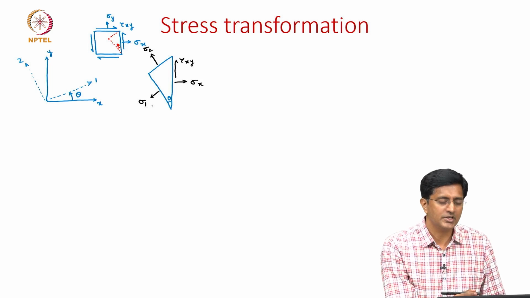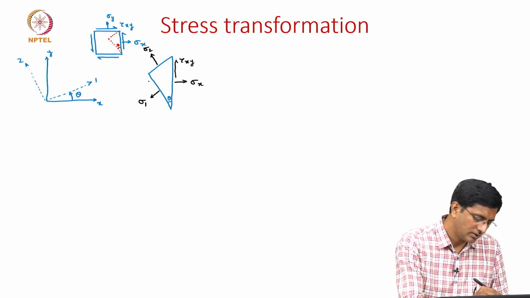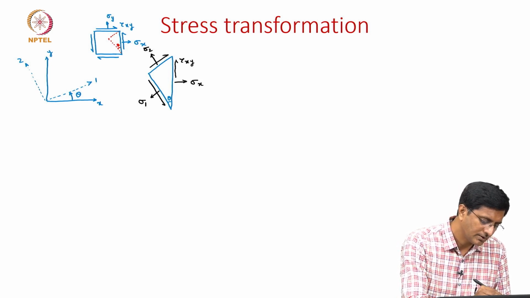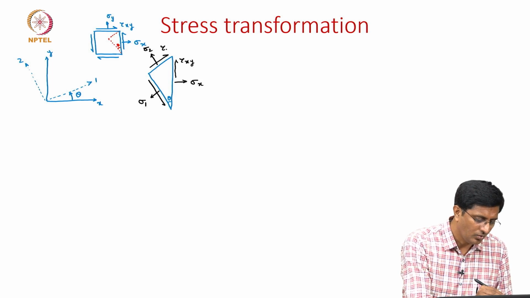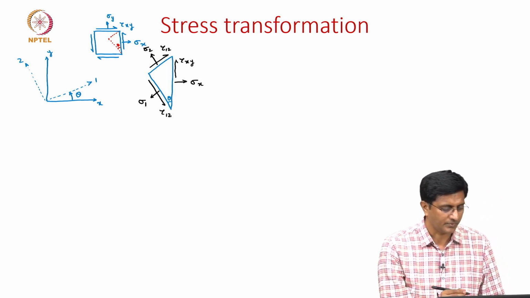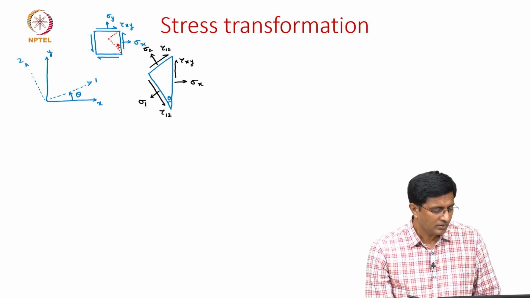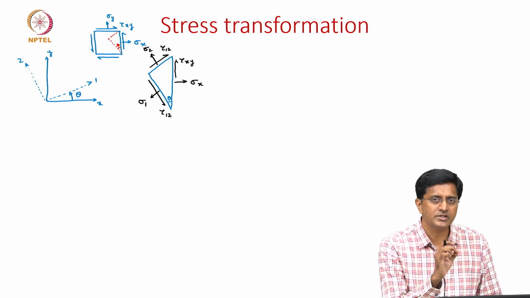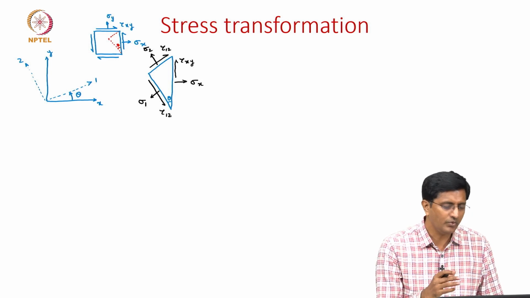And what about the shear stresses? We see that this is the shear stress, which is tau 12. Now that we have shown on each of these three faces there are two stresses, one normal and one shear stress, let us see how we can relate this.